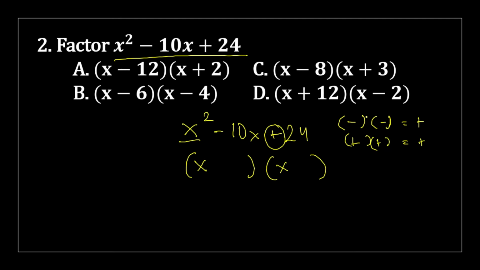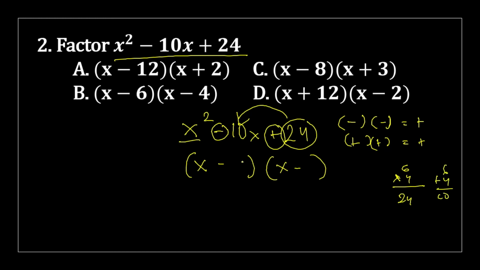Now how do we know which sign we're going to consider? All you have to do is look at the second term. If it is negative, then both signs are negative. Now what are the factors of 24 that add up to 10? The factors of 24 that add up to 10 are 6 and 4. 6 multiplied by 4 is 24, and 6 plus 4 is 10.